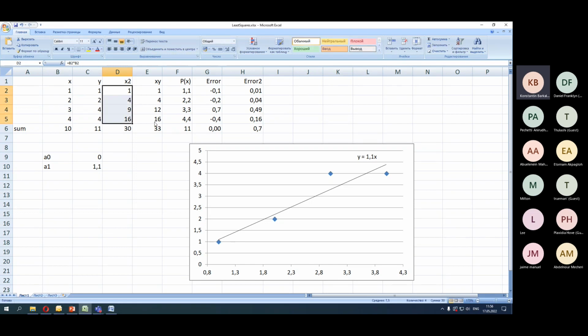This is x squared and the sum of x squares. And the product x times y, and the sum of those. I have these values.